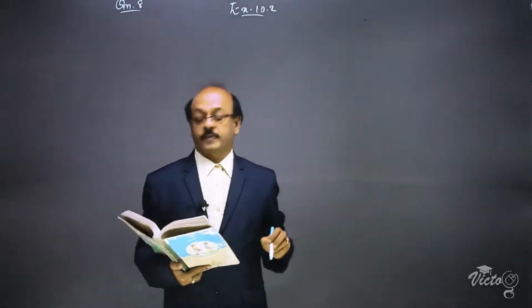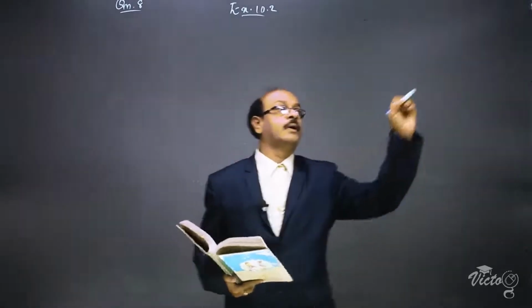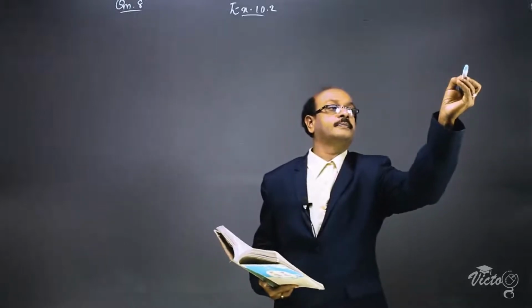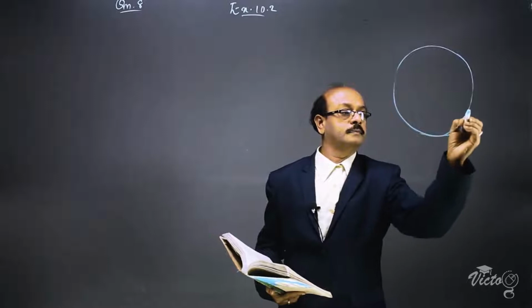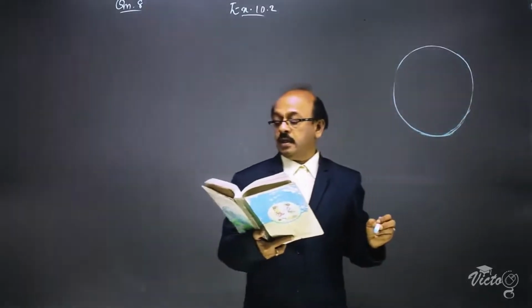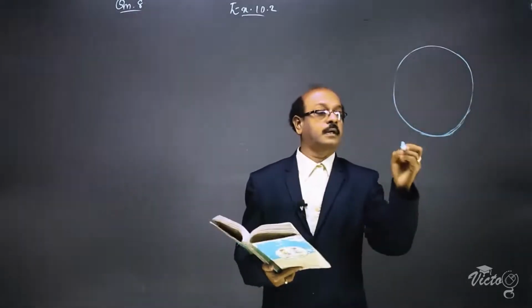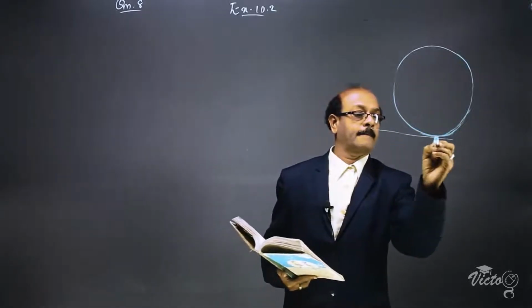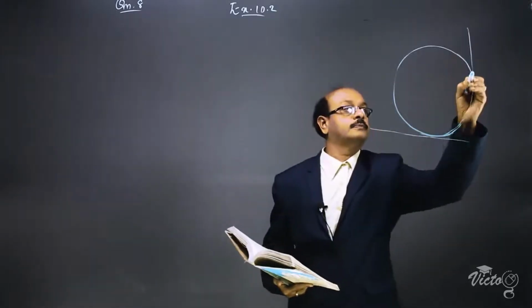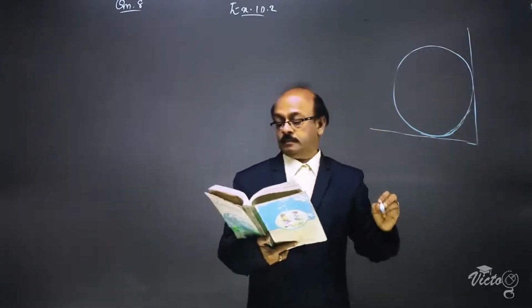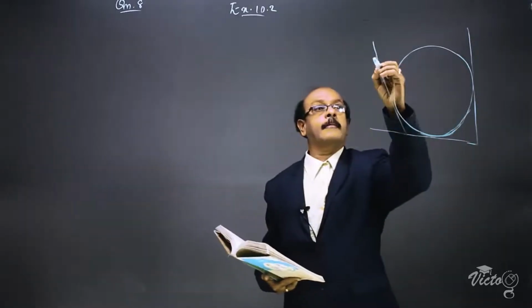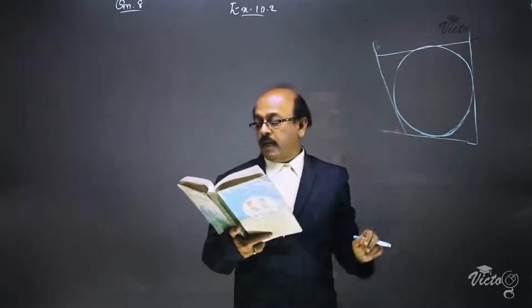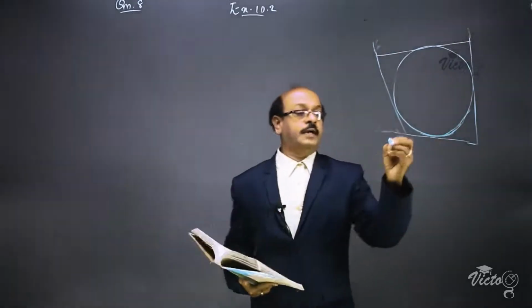It's a proof. So the figure is, here is a circle. A quadrilateral is circumscribing the circle. The name of the quadrilateral is ABCD.